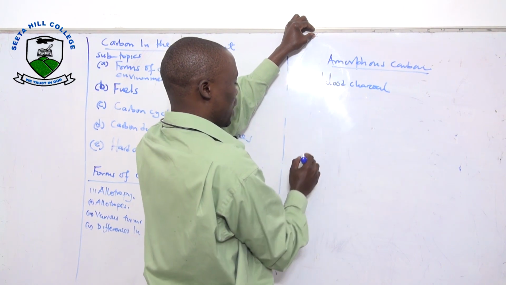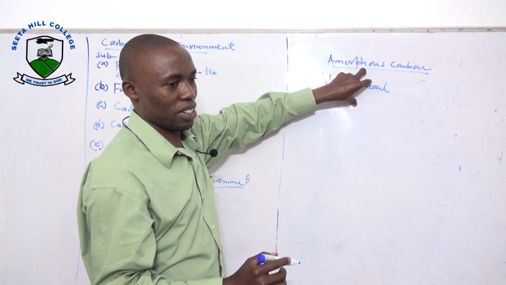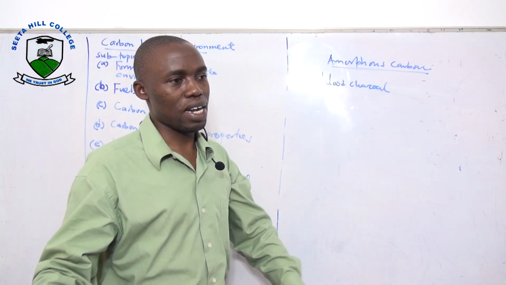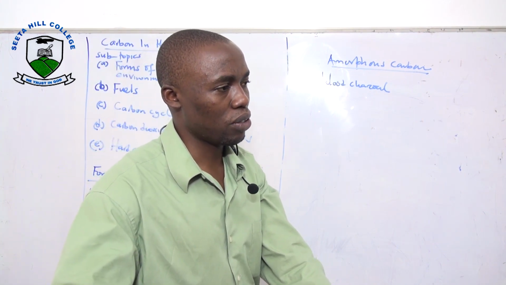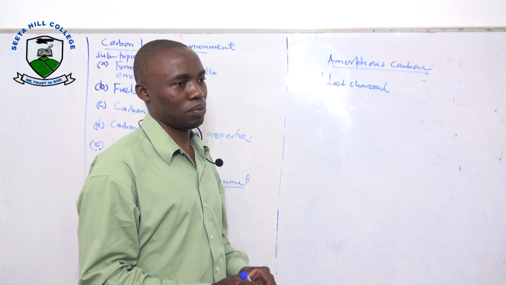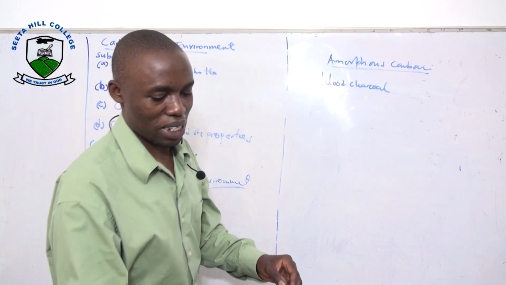Those who have ever been in the villages, we are going to discuss how wood charcoal is made and its disadvantages on our environment. Do you have charcoal at home, or use gas? Both. So, how is wood charcoal made?